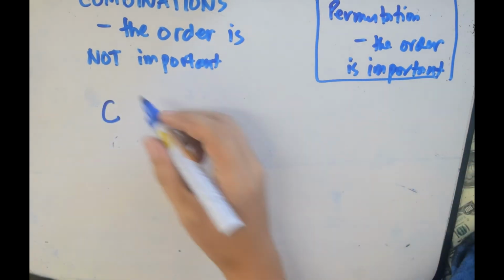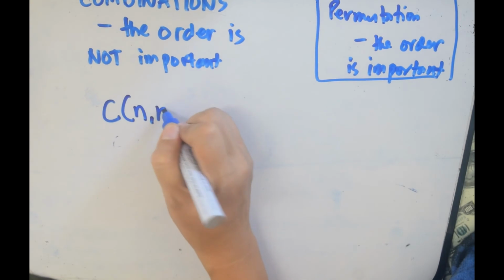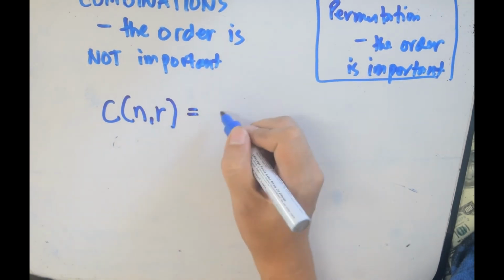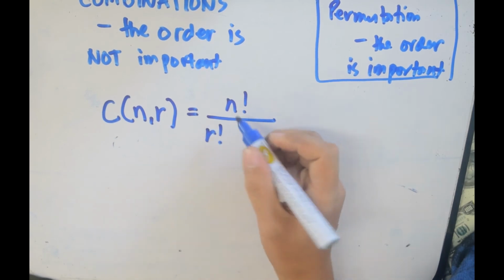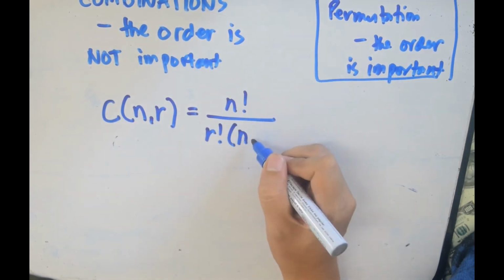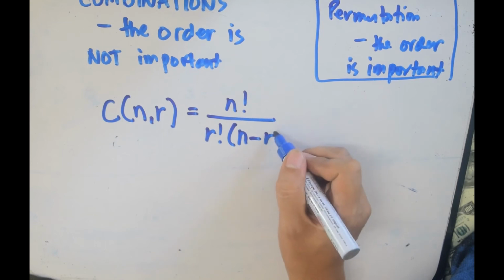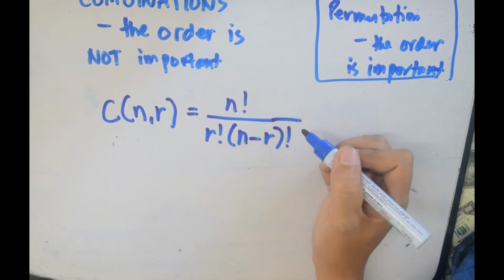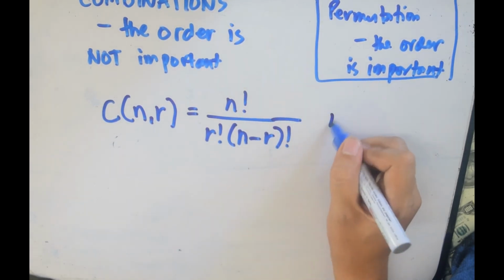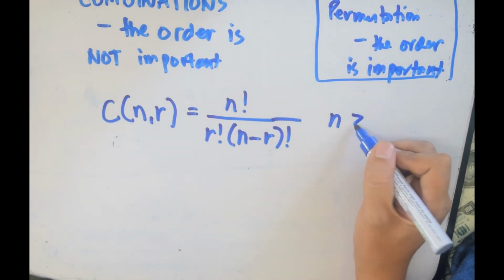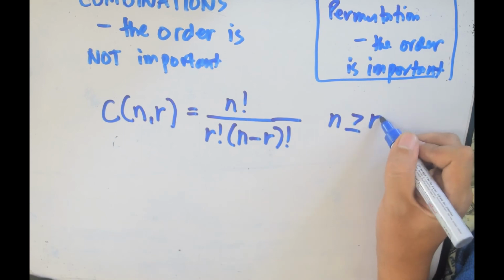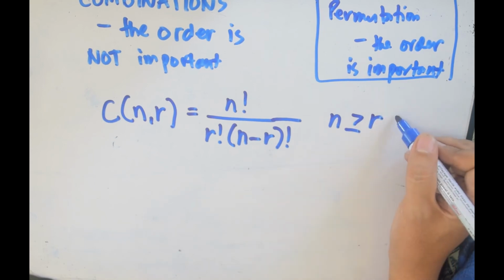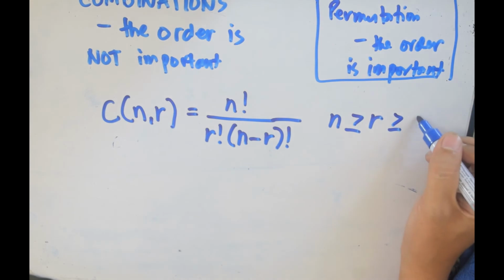Combination of n taken r at a time is equal to n factorial over r factorial times n minus r factorial, where n should be greater than or equal to r, and r should be greater than or equal to 0.